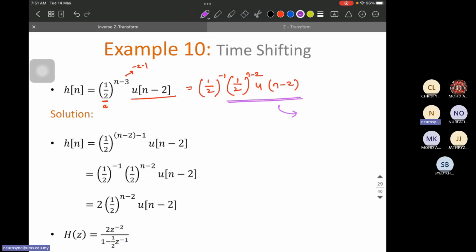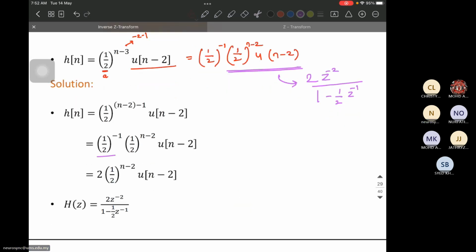The Z transform of this is z to the power minus 2 divided by 1 minus 1 by 2 z inverse. And this factor we will solve here. So 1 by 2 inverse is nothing but 2, correct? So the answer is 2 into z to the power minus 2 over 1 minus 1 by 2 into z inverse.